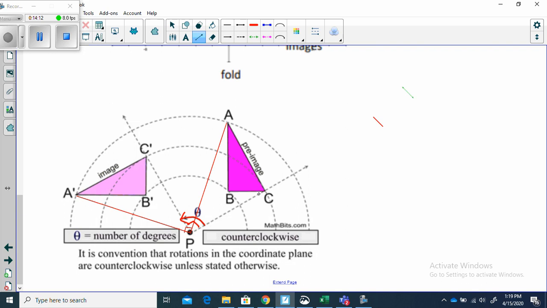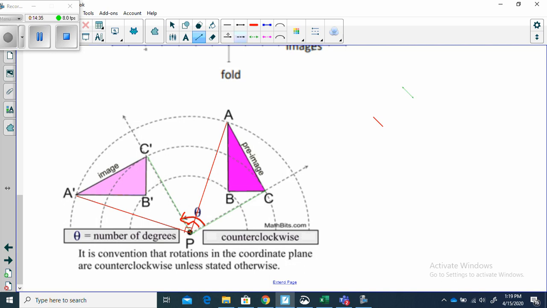Okay, let's go from point C to P, and then C to C prime. Yep, 90-degree angle there. See? Each one of these points, if you check them, you are rotating them 90 degrees. Same thing would be there with B and B prime.